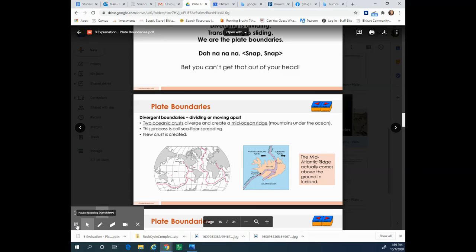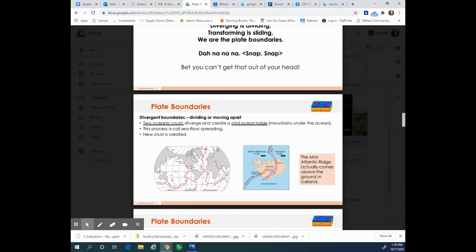Anytime you hear ridge, you want to think automatically underwater mountain. This process is called seafloor spreading. This is when new crust is created. And if you look right here, all these little pink dots are mountain ranges that are underneath the ocean.